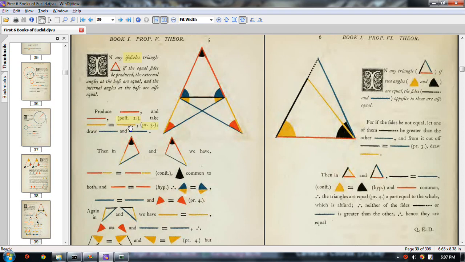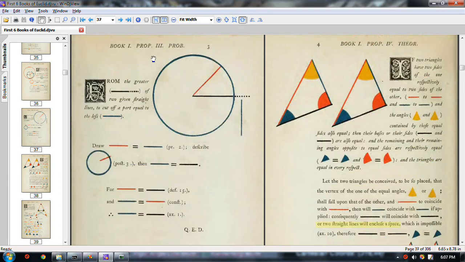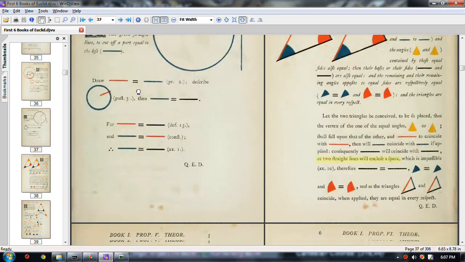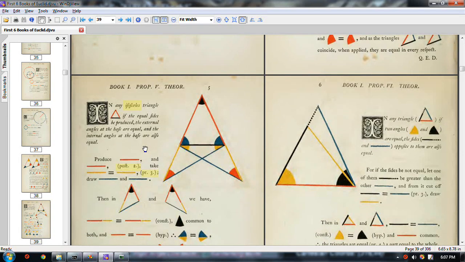Now, take yellow equals yellow. This says problem 3, which would be this one, which says something about being able to cut something off. Yes, I suppose so. Would that be required? You see, in order to reproduce this yellow extension over here, it's simply a matter of drawing a circle with this as the center, and this is the radius, right?